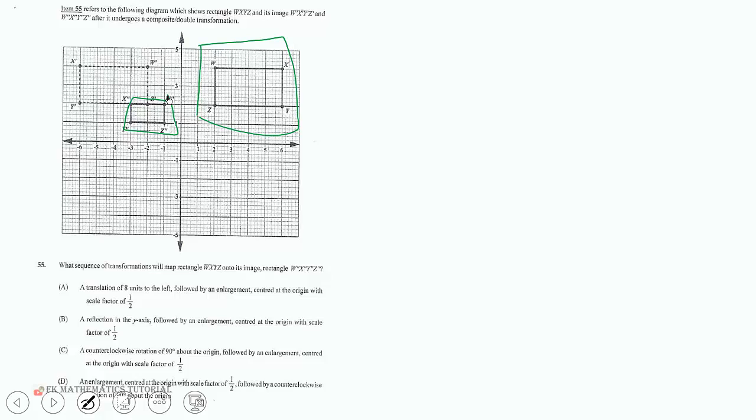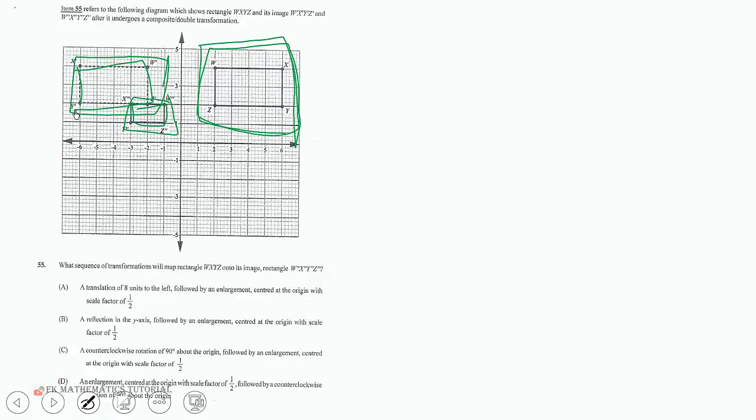First, when you reflect this rectangle in the y-axis, it will give you this. So it's a reflection in the y-axis followed by, you can see that this rectangle is smaller than this one, so it means that it has been dilated, or enlarged, by a scale factor which is less than 1, a scale factor between 0 and 1, positive.